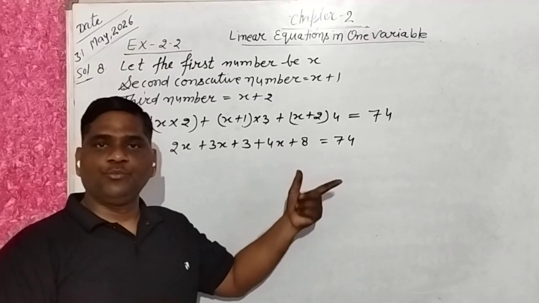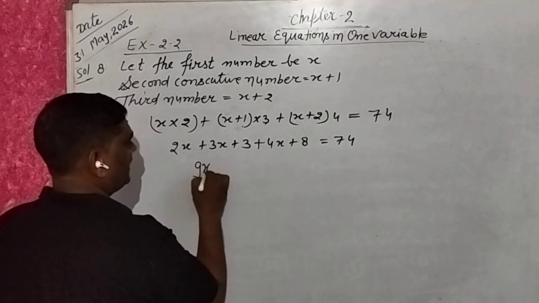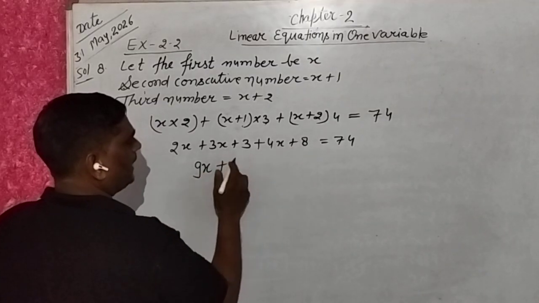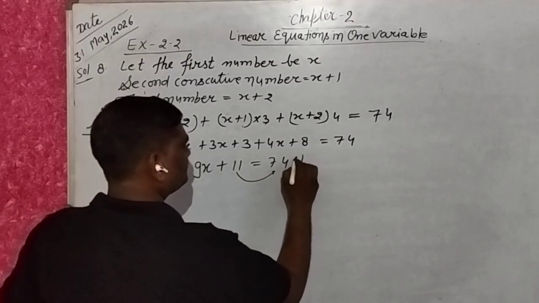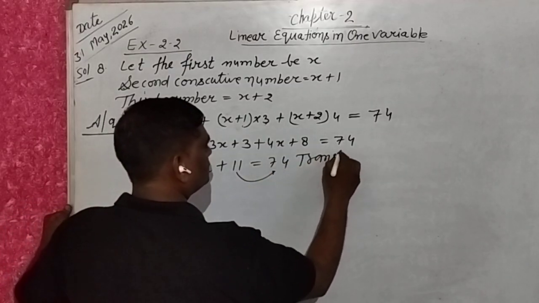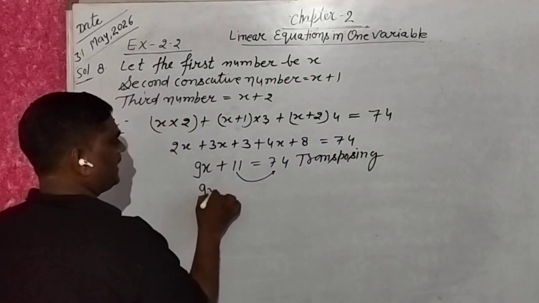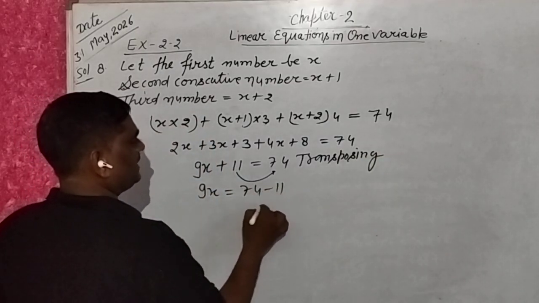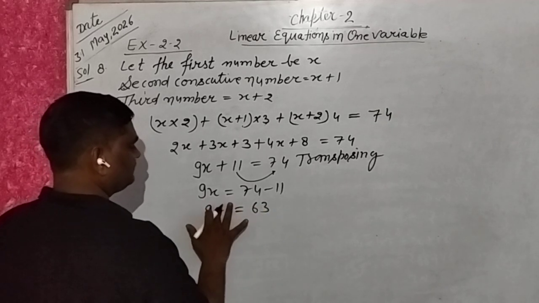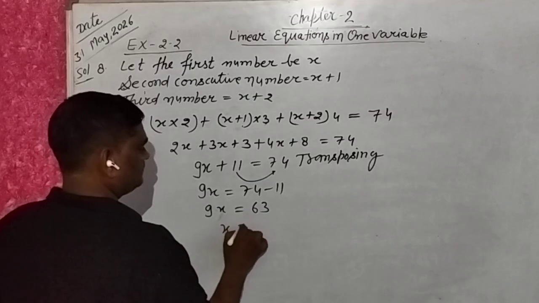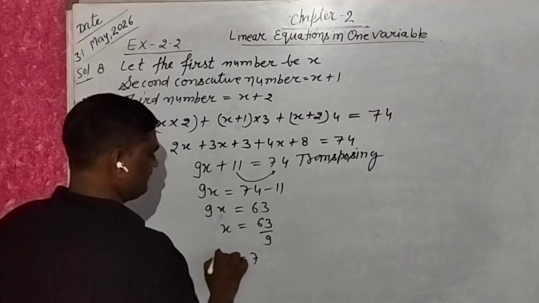Add the algebraic terms and the numeric terms: 2x plus 3x plus 4x is 9x, and 3 plus 8 is 11, equal to 74. Transpose: 9x is equal to 74 minus 11, which is 63. So x is 63 upon 9, and the value is 7.